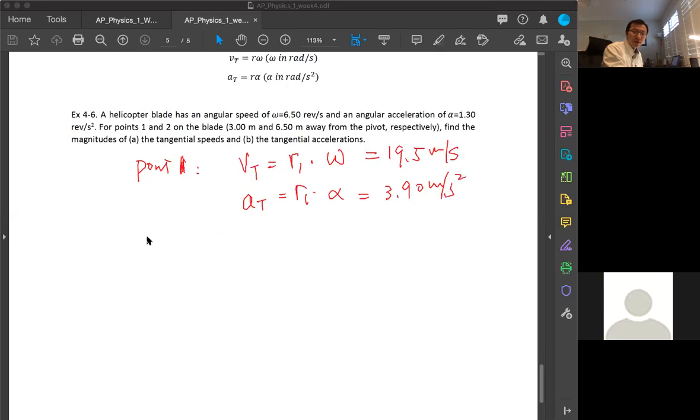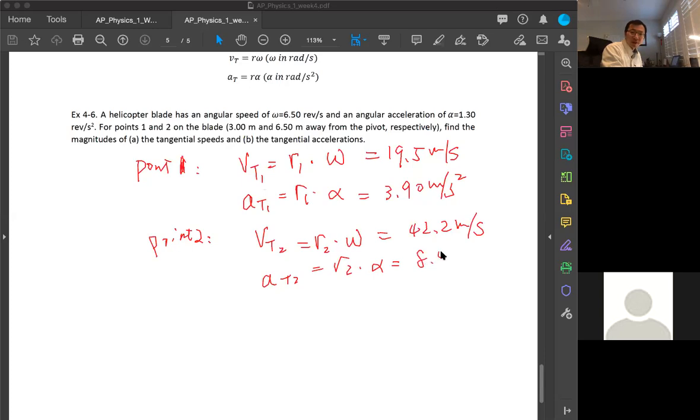Oops. At point two, oh, I'm using r1. It should be r2 times omega. That gives you 42.2 meters per second, and the acceleration at that point is 8.45 meters per second squared.